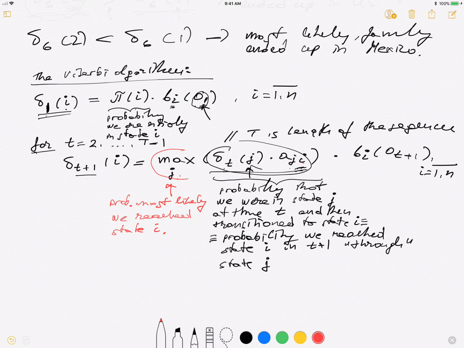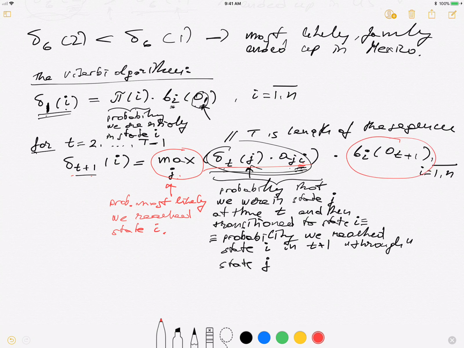So again, this maximum of this expression provides the probability essentially of the most likely sequence of states through which we reach the state i in time t plus 1. And what is this?